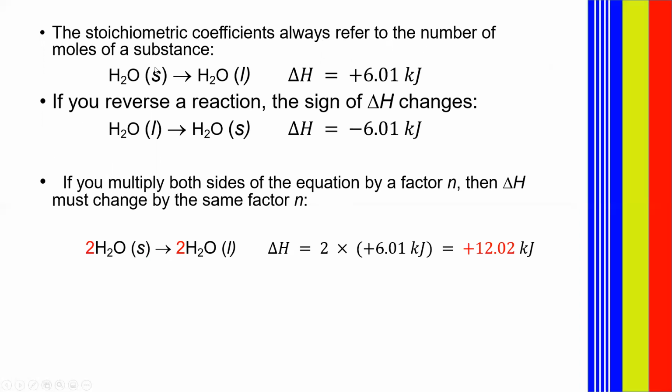So if you multiply both sides by a factor of n, you must also multiply the delta H. So if you multiply by 2 here, you have to multiply the delta H as well. So now it becomes 12.02.